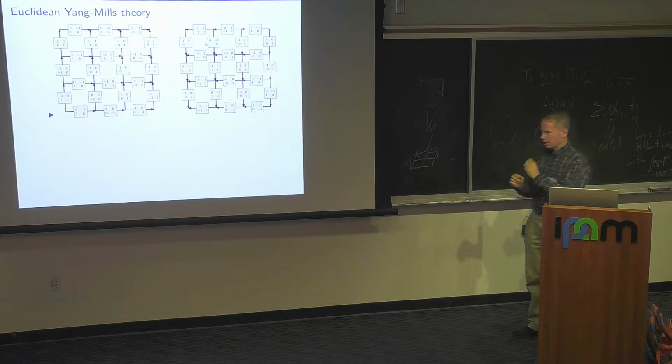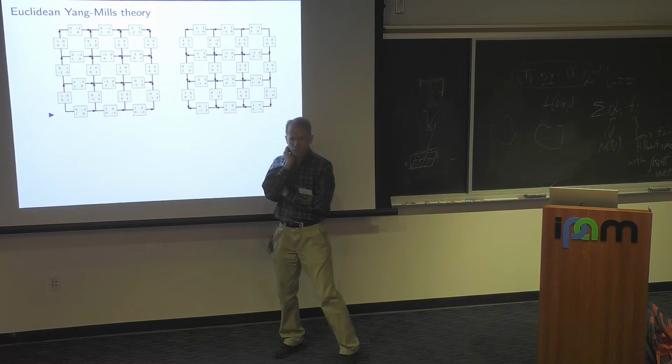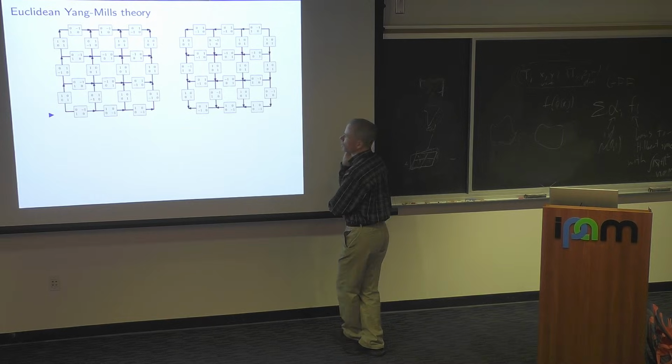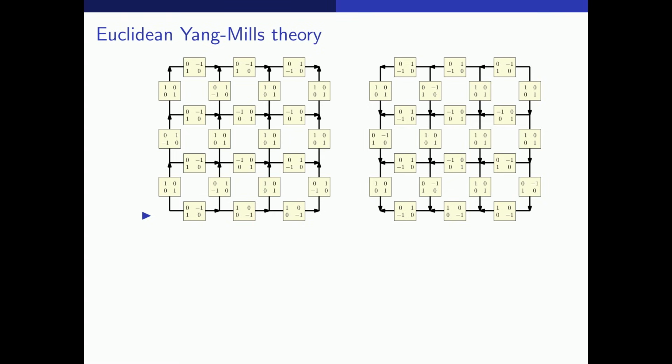So, Euclidean Yang-Mills gauge theory. Basically, you want to imagine that for every edge in your graph, you choose a matrix. Here they are 2 by 2 matrices. In general you can imagine matrices from discrete groups, so I can write the numbers easily. This is the group of 90-degree rotations and reflections.